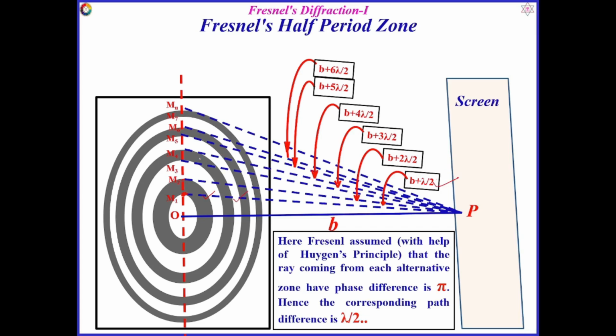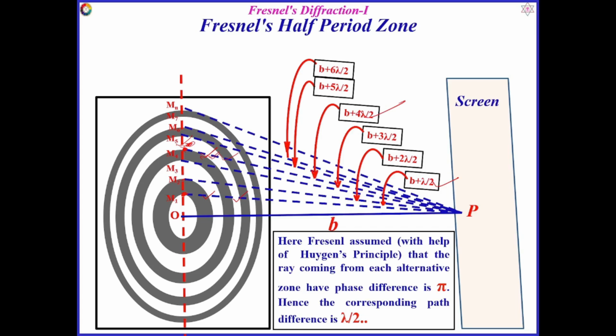Likewise, if we consider this path, this is for the fifth half period zone, because this starts from the starting edge of the fifth half period zone. For this one it will be, here you can see, b plus 4 lambda by 2.